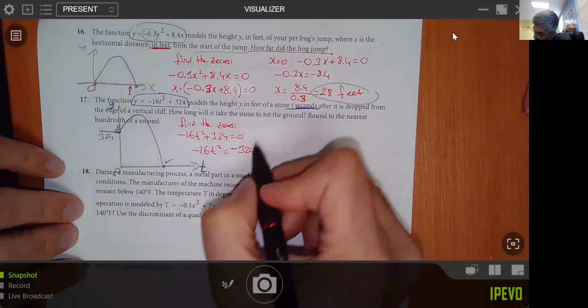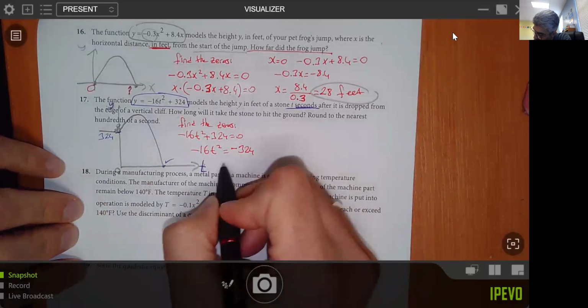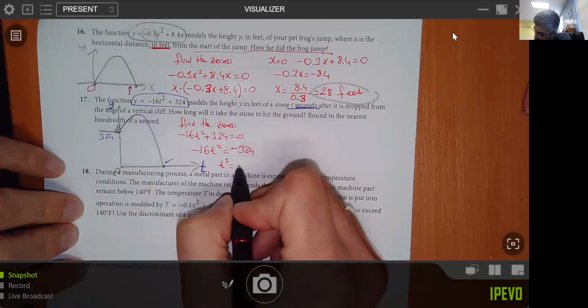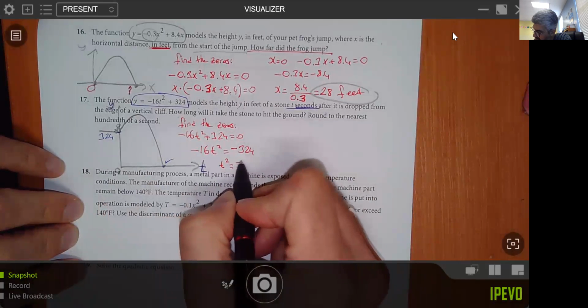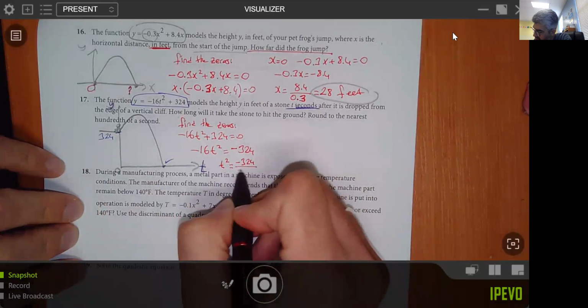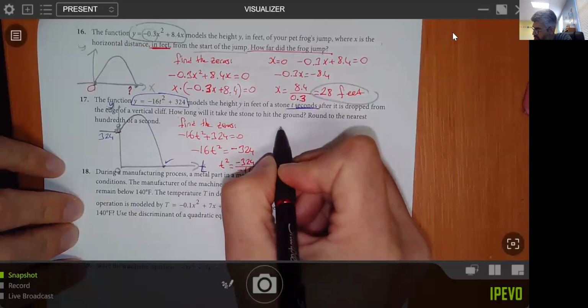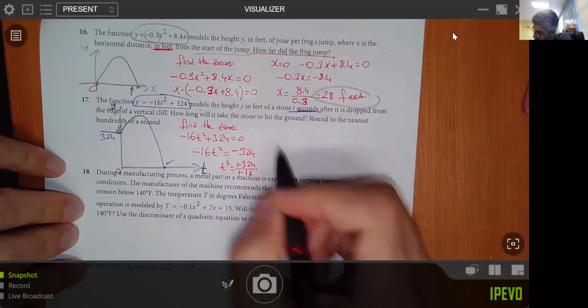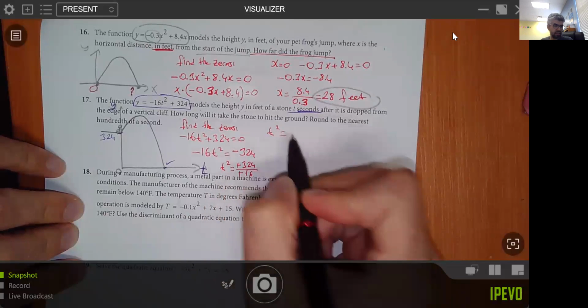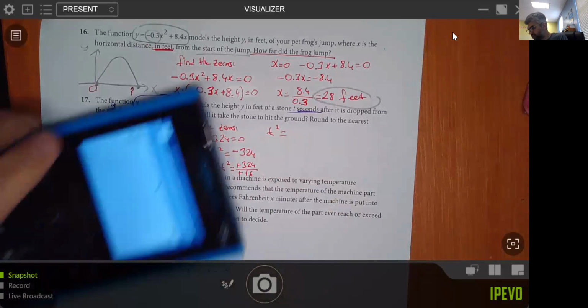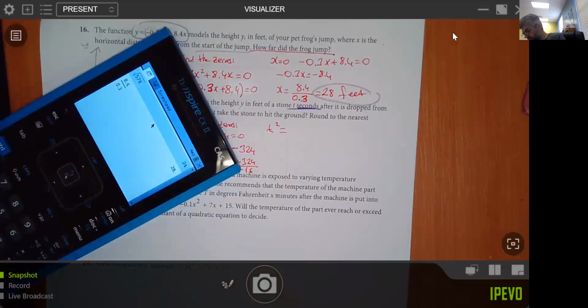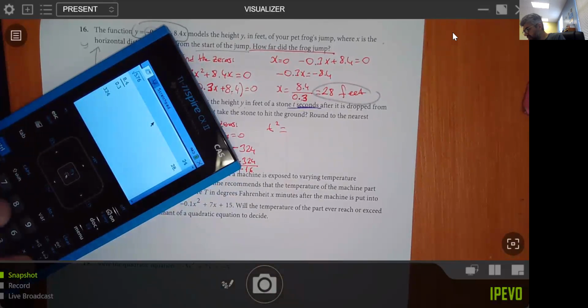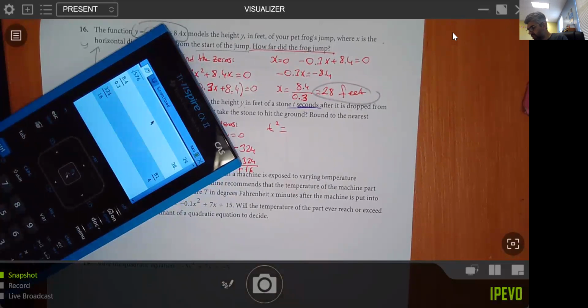And from here, t squared equals negative 324 over negative 16. Negative over negative is positive, right? T squared is, what is it, guys? 324 divided by 16, it is 81 over 4.